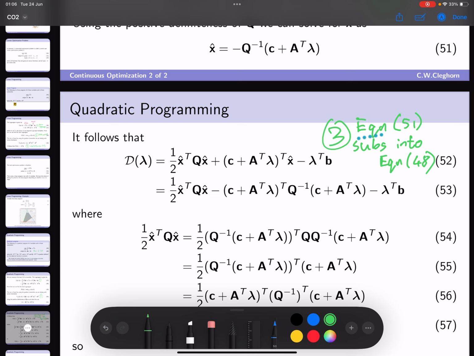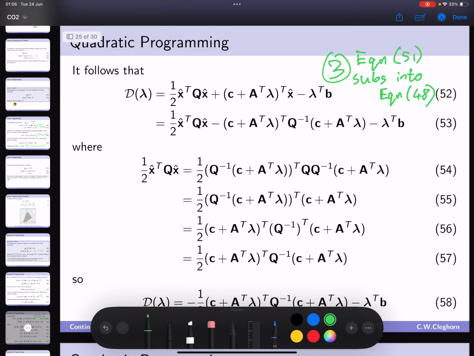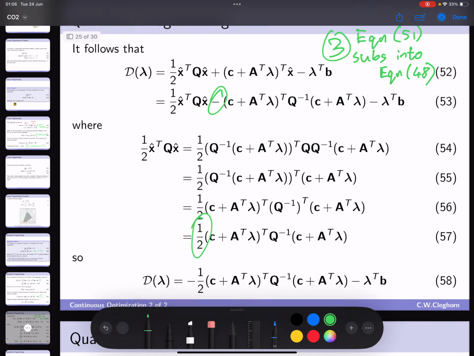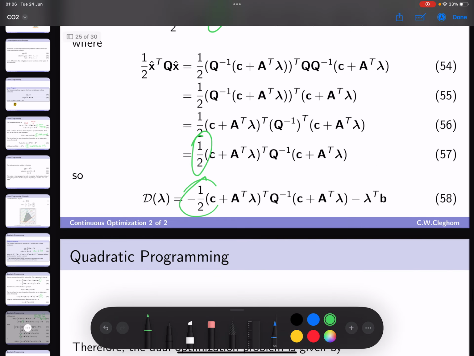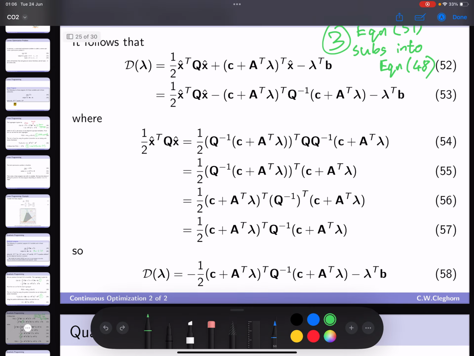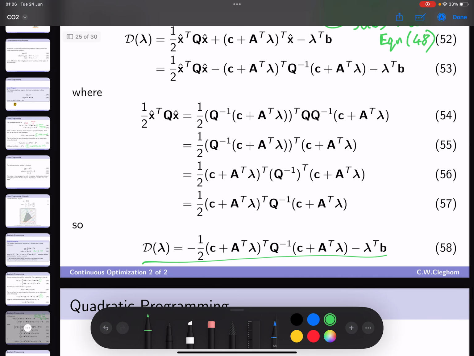Okay, and that's now it. Once we've done a little bit of simplification with our transposes and cancelling out the inverses, the only thing left to do is just to recognize that a half minus a 1 gives us a negative half. And so that's our dual problem. Derived. That's it. That's how you derive your dual problem.